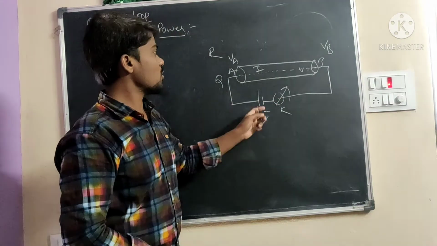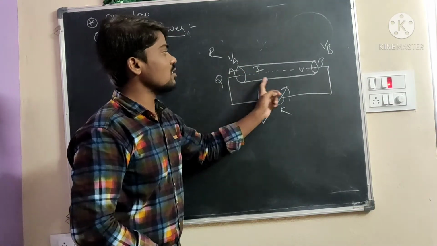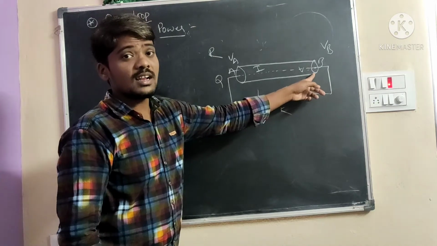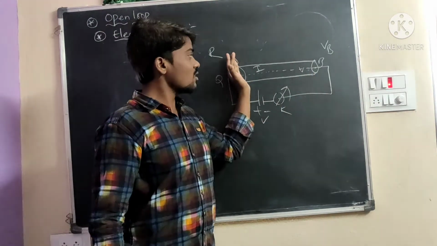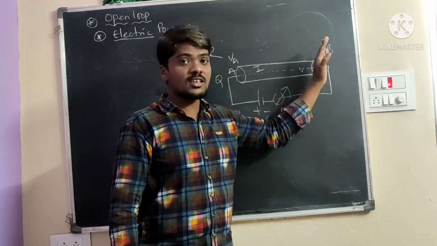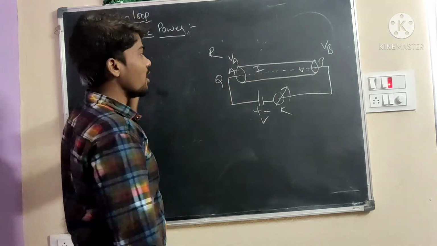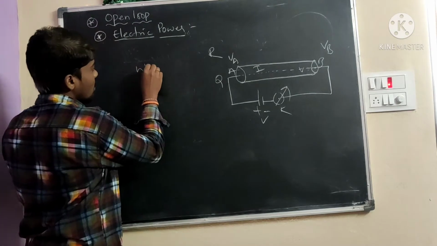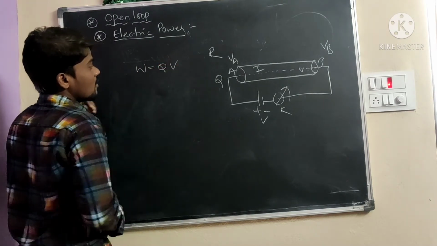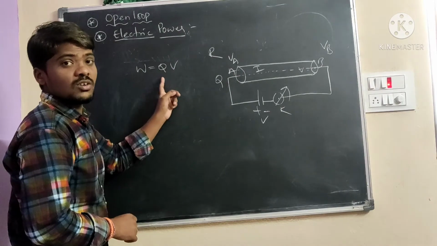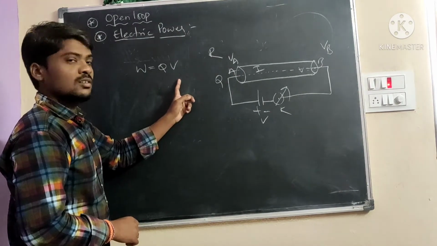The charges are moving in the conductor from one end to the other, so some work is done. The work done by the electric field is equal to Q into V, the product of the charge and the potential difference.